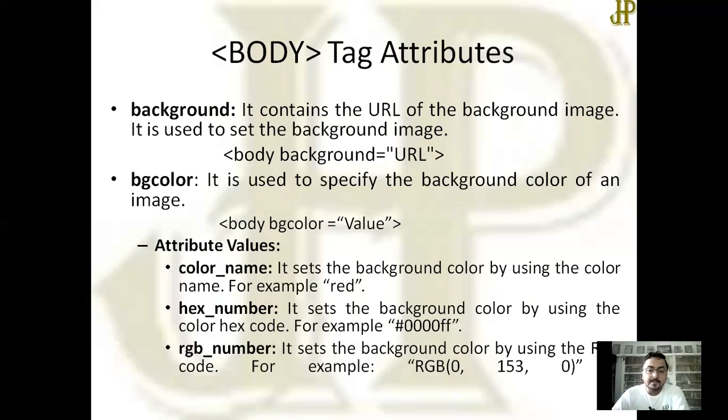So 8 digit means 0 to 255. So we can supply 0, 153, 0. Then whatever the color value is, that color will display on your web page as a background.